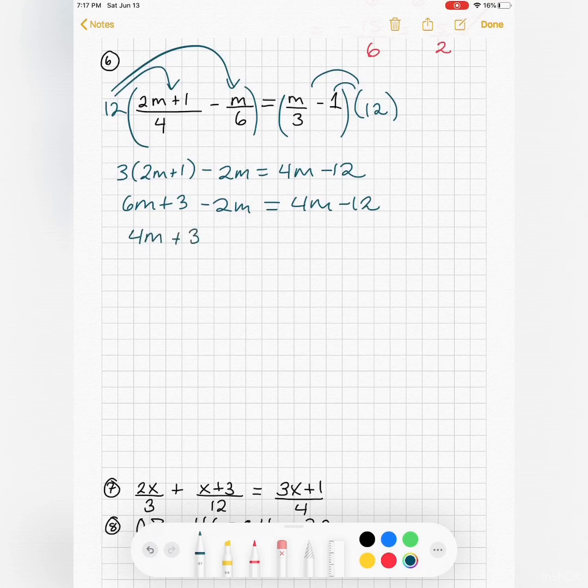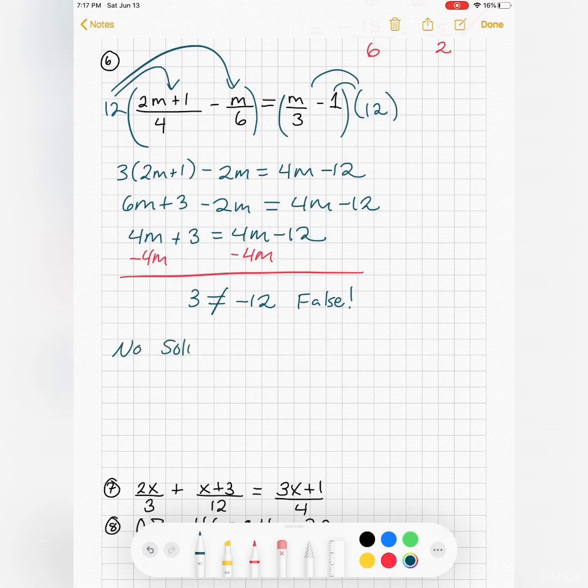Combine like terms. So this one's interesting because when I go to combine my m's, actually the m's cancel out. So what I get here is a false statement. 3 is not equal to negative 12. So in that case, I conclude this equation actually has no solutions.